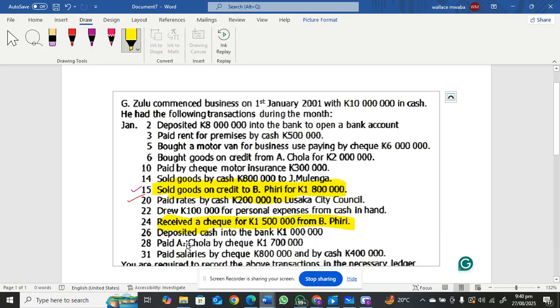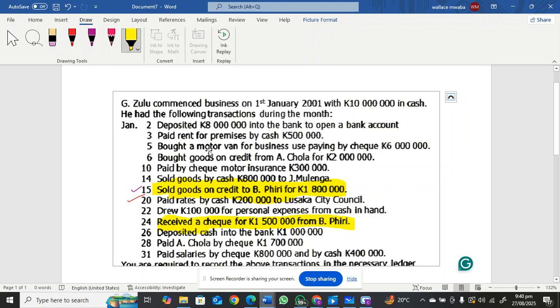Paid Chola by check, 1,700,000. Yes, Chola and the bank.